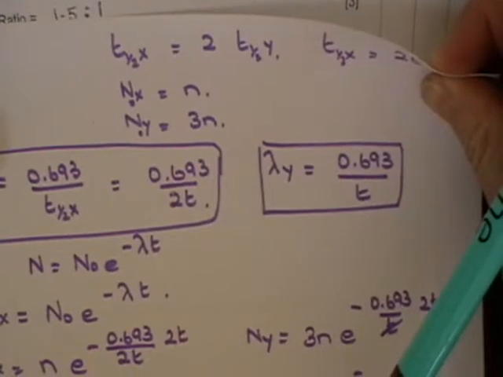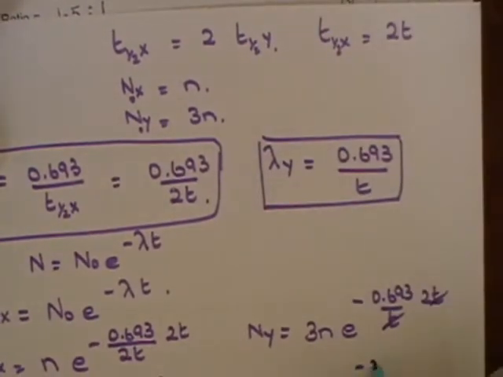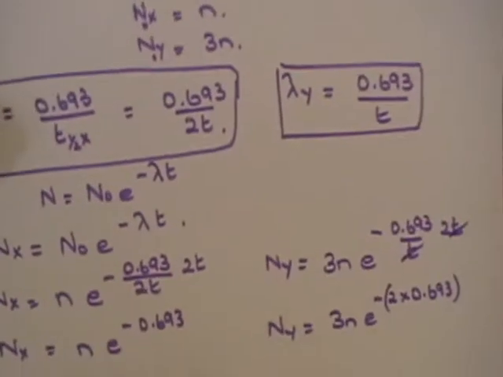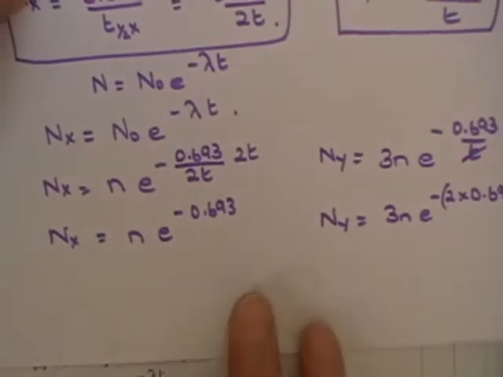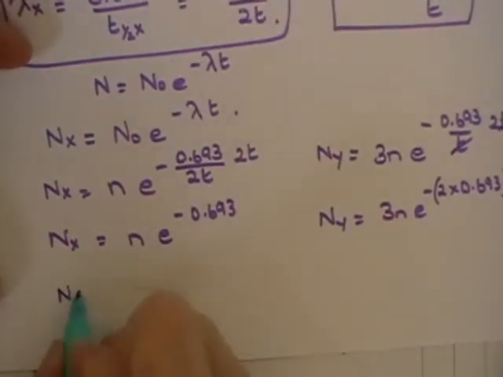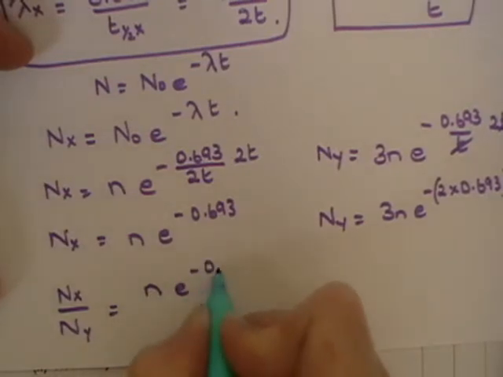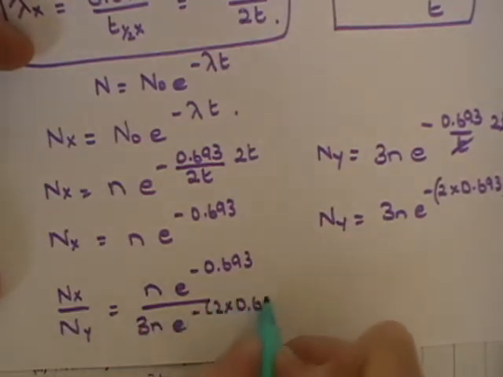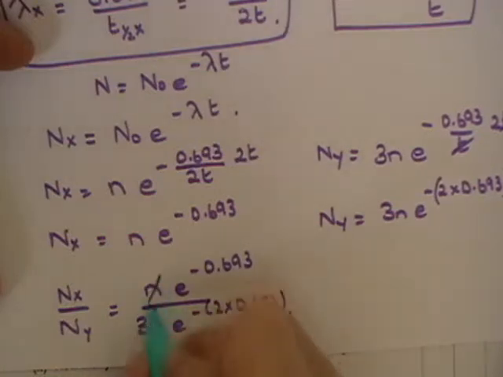I haven't written that down, so I'm just going to write 2 times 0.693. And then we're going to compare the ratios of the 2 of them. And so Nx over Ny is equal to N e to the minus 0.693, and that's divided by 3N e to the minus 2 times 0.693. And the N's cancel each other out.